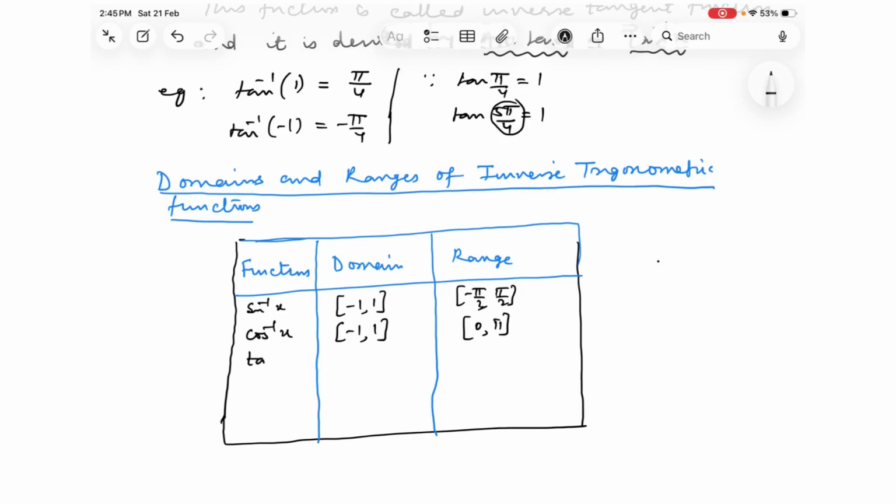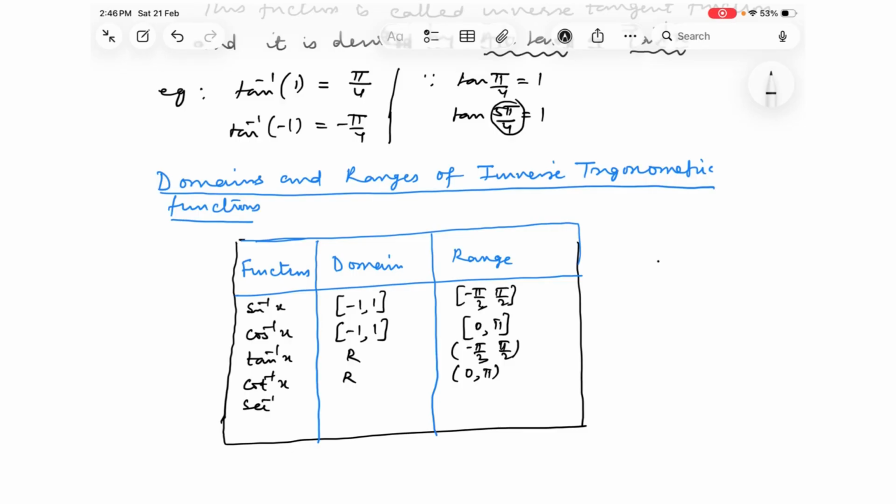Third function, tan inverse x. Domain R. Range, open interval, minus pi by 2 to pi by 2. Similarly, cot inverse x. Domain R. Range, open interval, 0 comma pi.